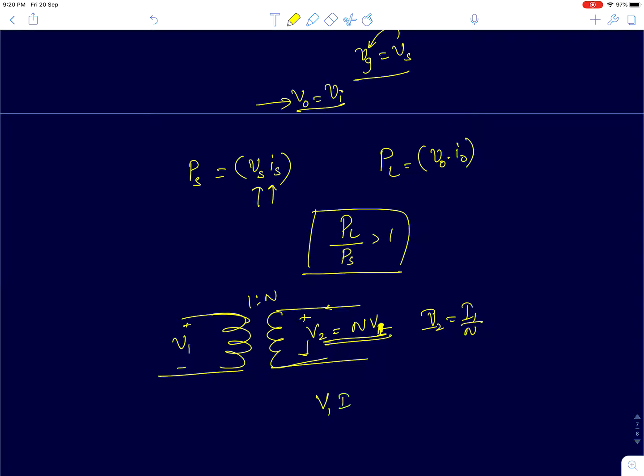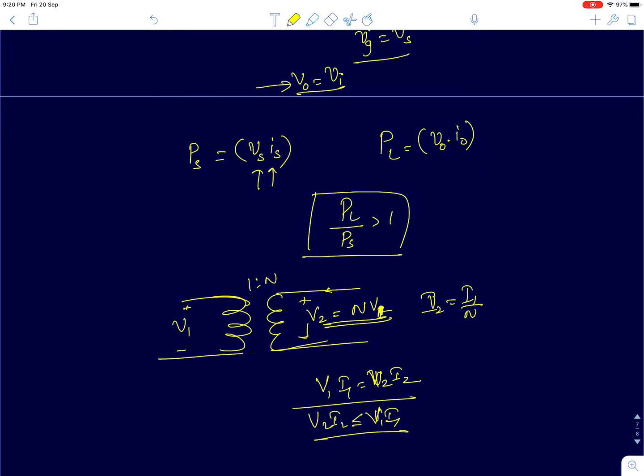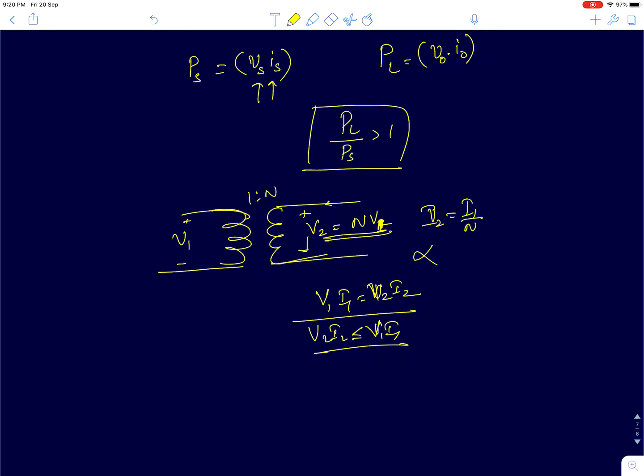So the product V1 I1 will always be equal to V2 I2. In fact, if you consider losses, then V2 I2 will always be less than or equal to V1 I1. Therefore, you cannot call a transformer a voltage amplifier. You cannot use it as one in the first place, and you cannot call it one either.